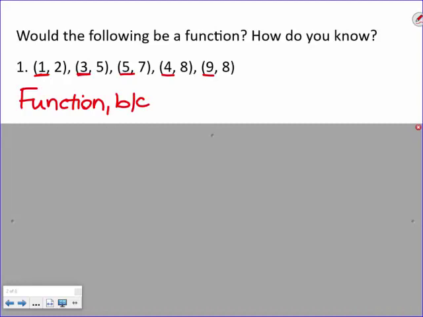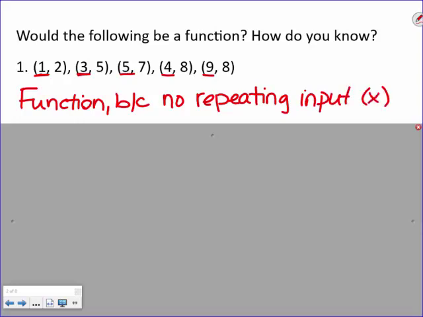Okay, so I'm going to write because no repeating inputs. And what did we say input means? The x. Okay, I want us to use input and output, or independent and dependent, because we know those mean x and y, but a lot of times on the test, they like to give you those words.